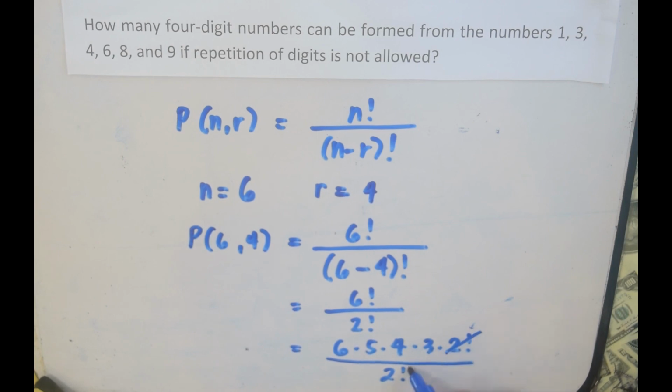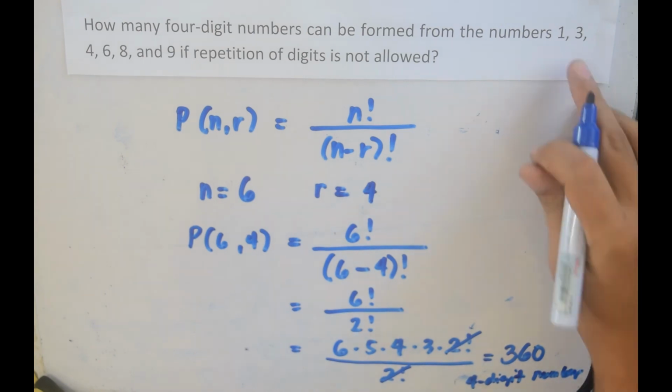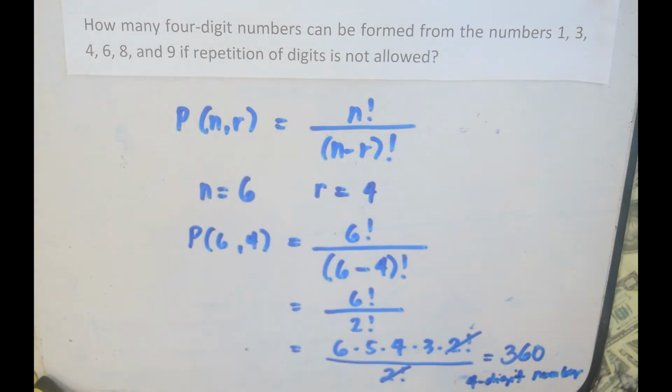So, cancel this out. Therefore, 6 times 5, that's 30, times 4, that's 120. 120 times 3, that is 360. So, there are 360 ways, or there are 360 4-digit numbers that can be formed using the numbers 1, 3, 4, 6, 8, and 9.